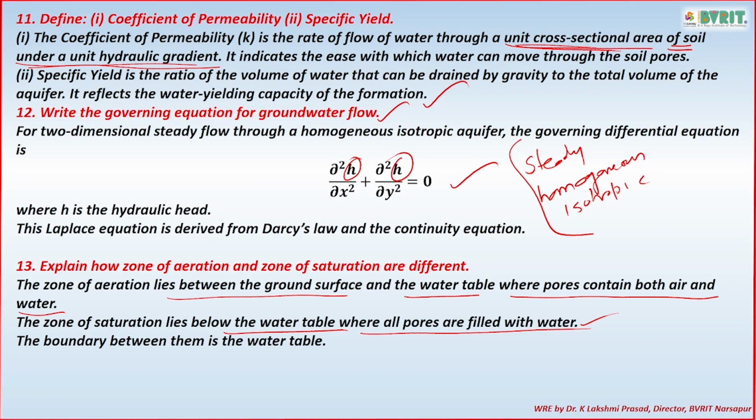That is what we call the saturated zone, whereas the zone of aeration means partly water and partly air. The plant roots have to be in that zone, so that water is available and respiration is also possible for the plant. The boundary between the zone of aeration and the zone of saturation is nothing but the water table.